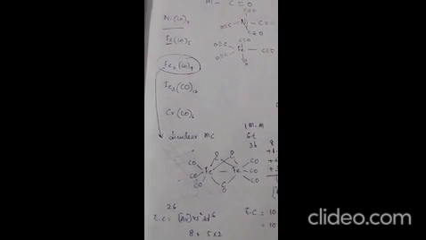So 8 plus 1, 9, 9 plus 9 is 18. So yes, this dinuclear metal carbonyl compound also obeys the 18 electron rule.